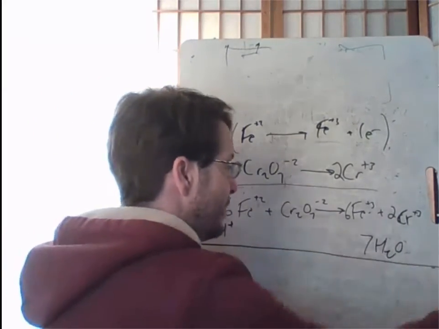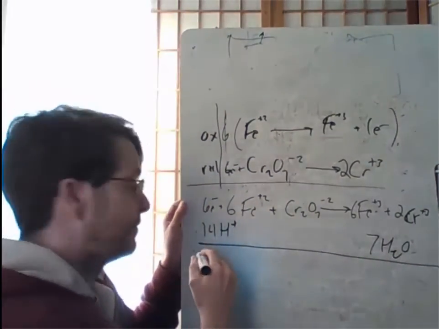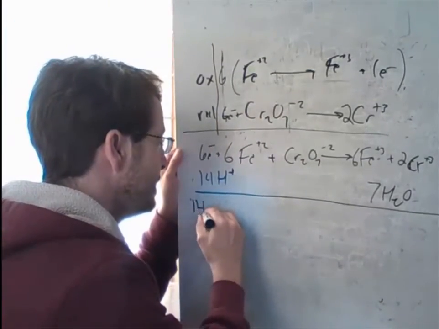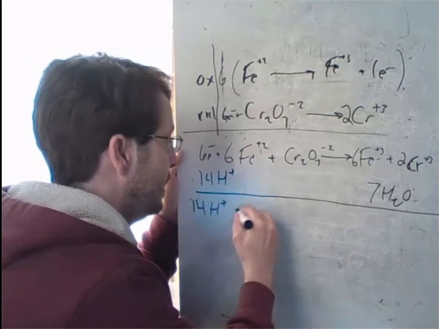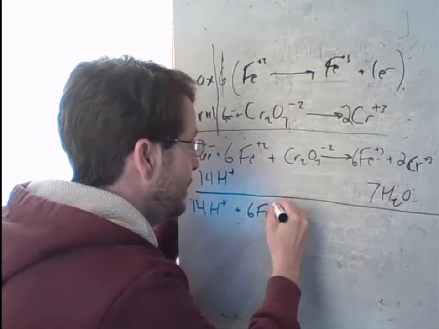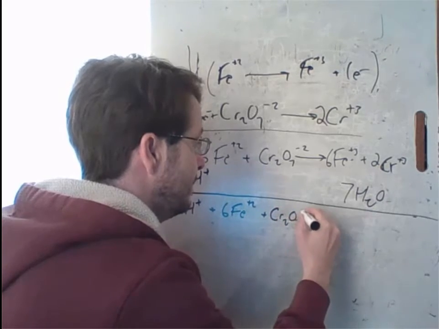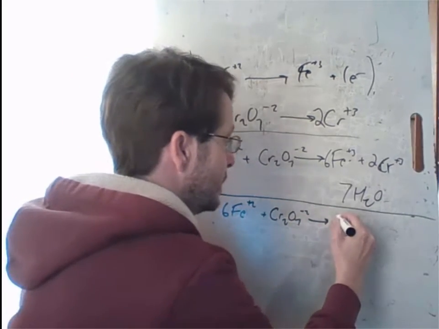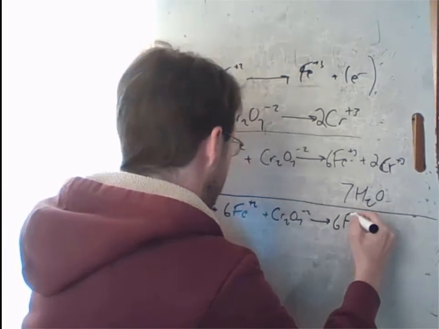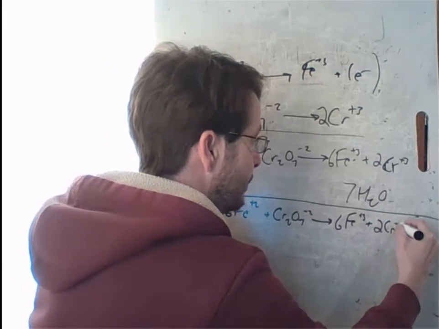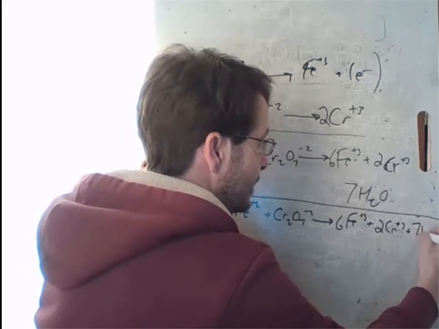So now, if we finish this up, we'll have 14 H plus 6 Fe+2 plus Cr2O7 minus 2 goes to 6 Fe+3 plus 2 Cr+3 plus 7 H2O.